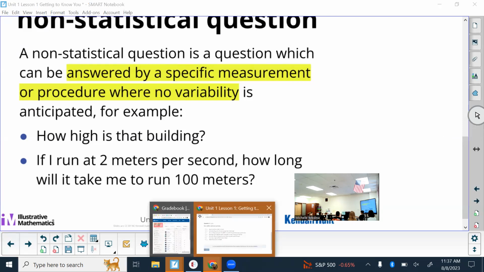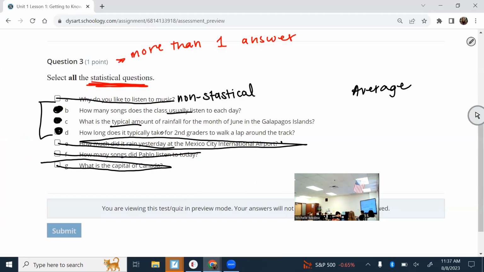So I agree that on that one we would expect variability, so I guess that does make it tricky. Let me look more into it. But I'm thinking that when you explain why someone likes to listen to music, that's more of a paragraph versus one single category. But I do agree that that one would be the most confusing one. So let me make sure that it wasn't a mistake when we made it, because we transferred all of it into the homework. But if you go with this, it'll mark it as right.